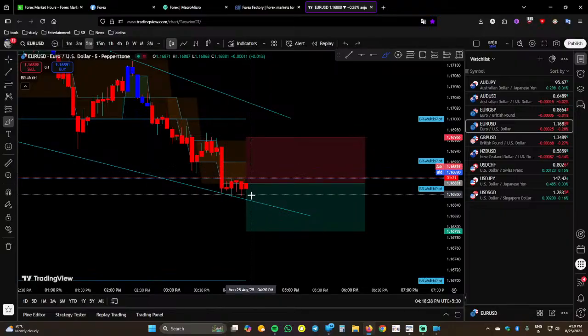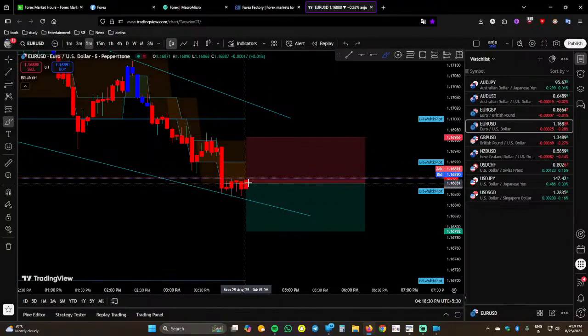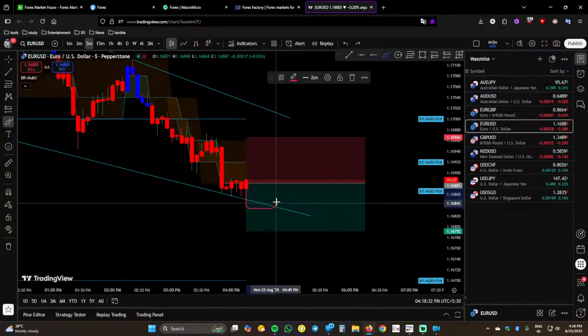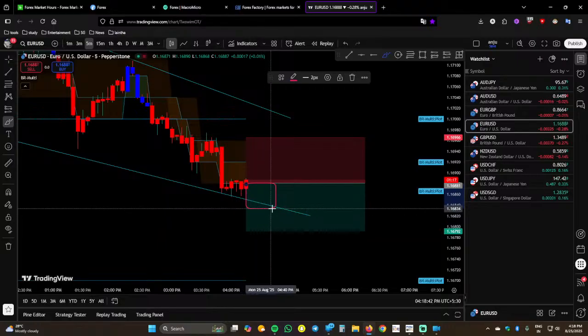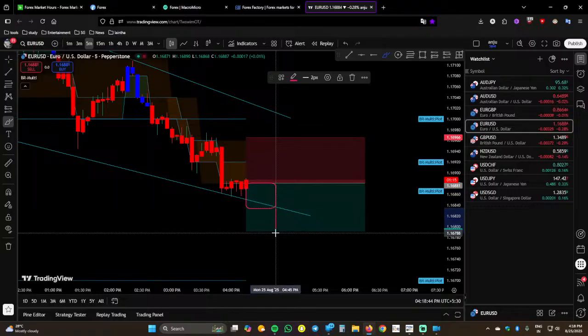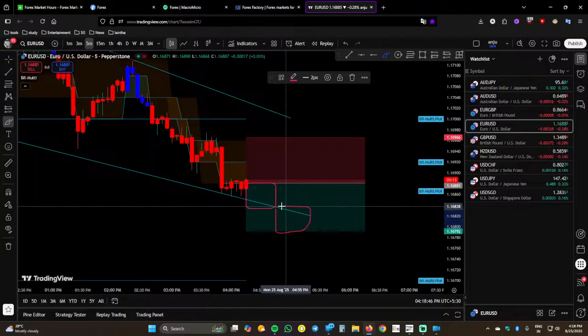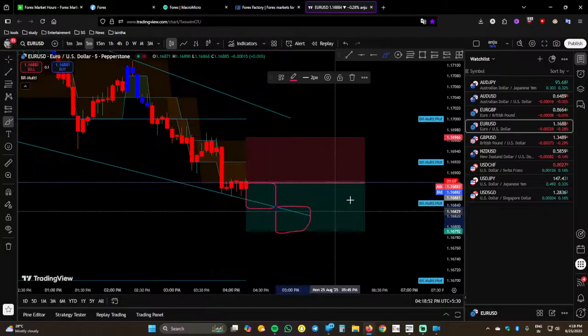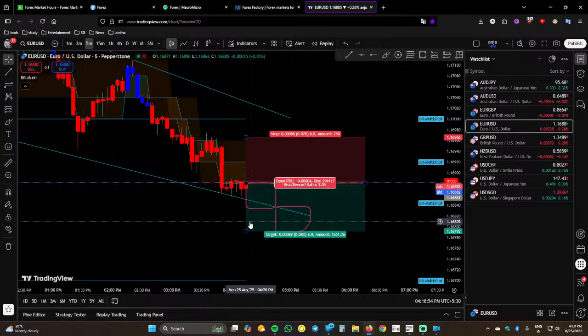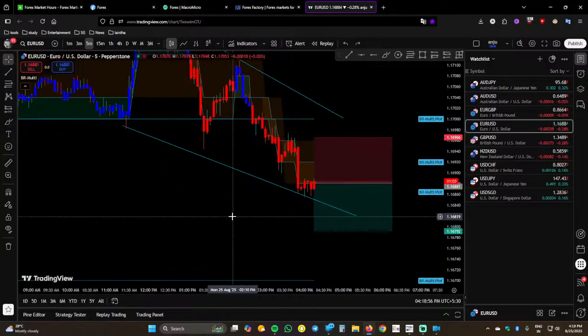We want the price to move lower, form a bearish brick and close below this level. So what we are doing is targeting two bricks. We want the price to reach lower and give us a 1:1 ratio.